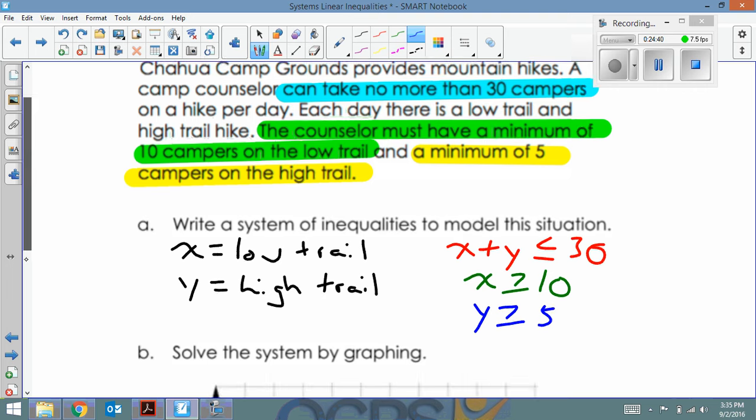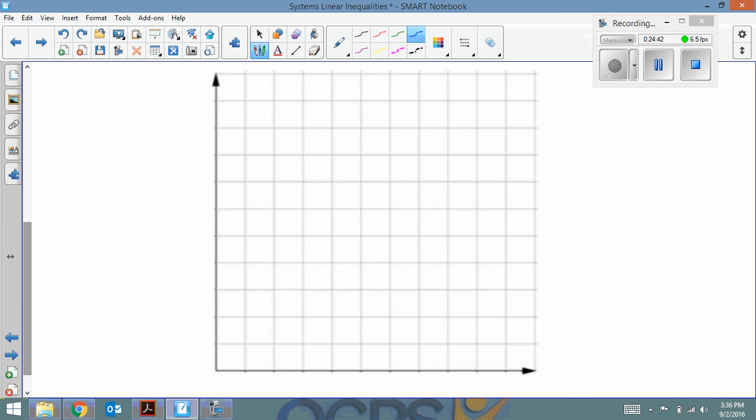Okay, so let's scroll down. First, we got to number our number line. So I'm going to do mine by 3s. And you can do these by whatever you feel like. I'm just doing it by bigger numbers.